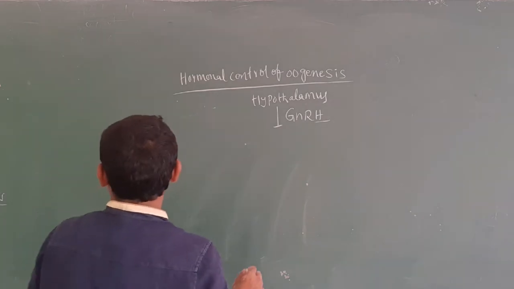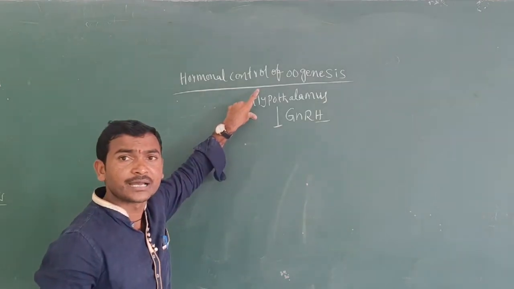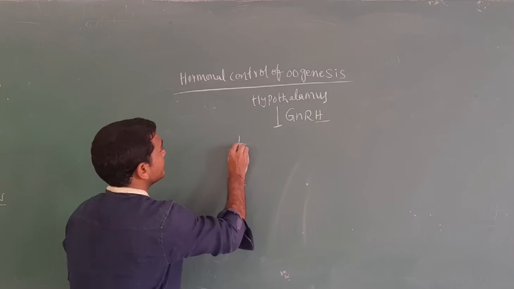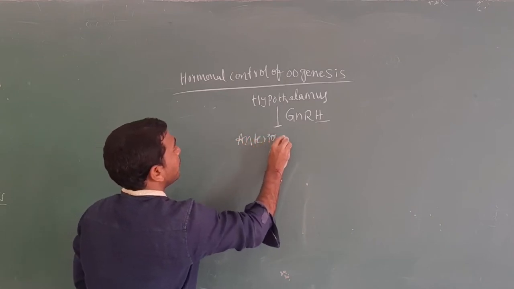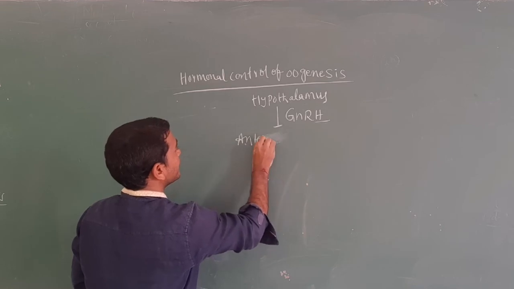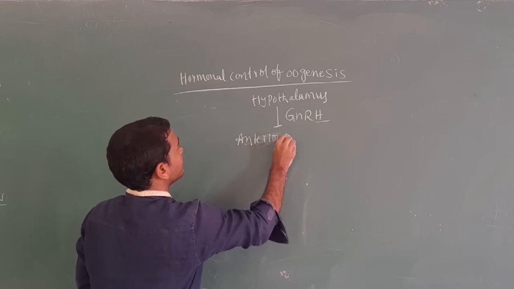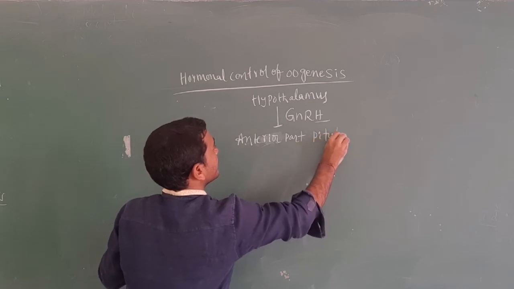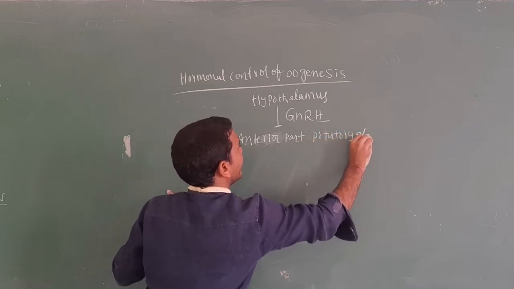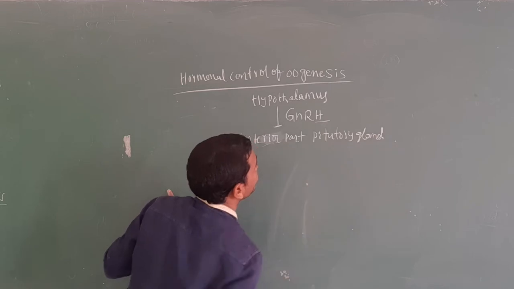Due to the influence of gonadotropin releasing hormone, it affects the anterior part of the pituitary gland, the master gland.